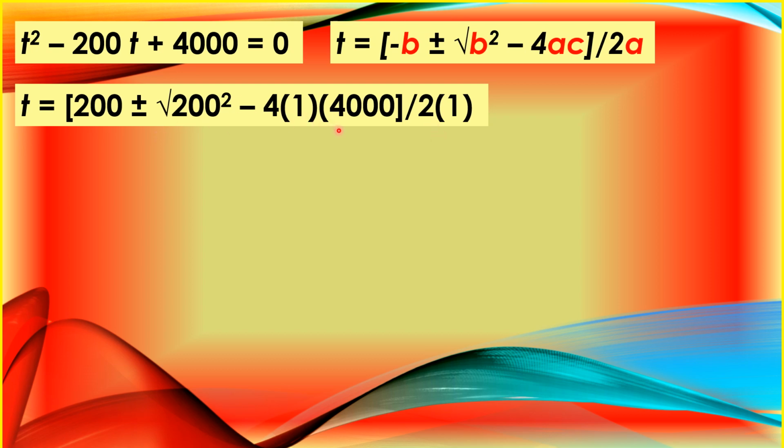We will get a certain number for the elapsed time t. But here we choose the second one, where the result of getting the square root of the quantities inside the radical sign will be subtracted from 200 and then later divided by 2. And that time elapsed will be equal to 22.5 seconds.